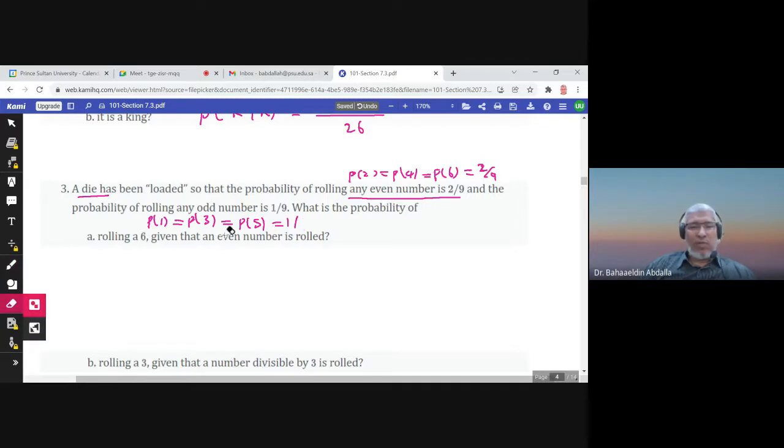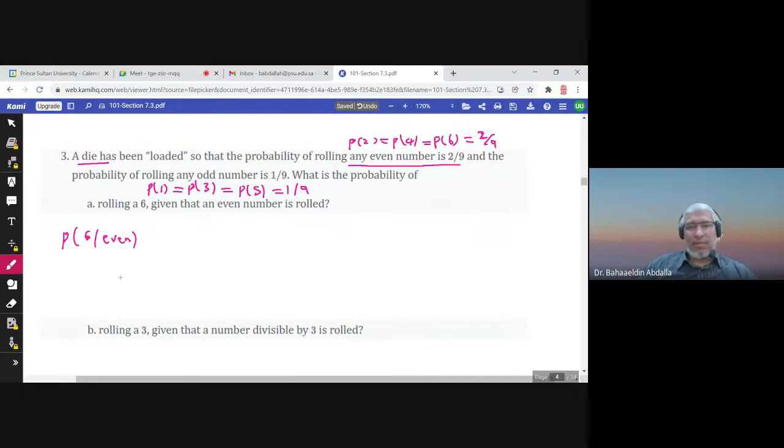Now, what is the probability of rolling a 6, given that an even number is rolled? So let us say it's the probability of 6 intersection even over probability of even. So what is the probability of getting an even number?